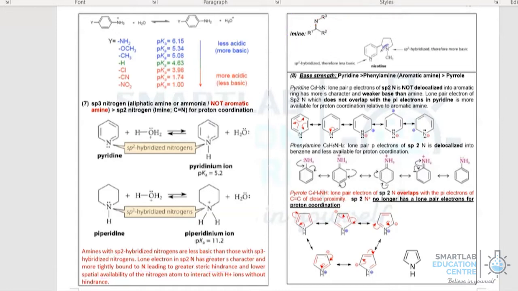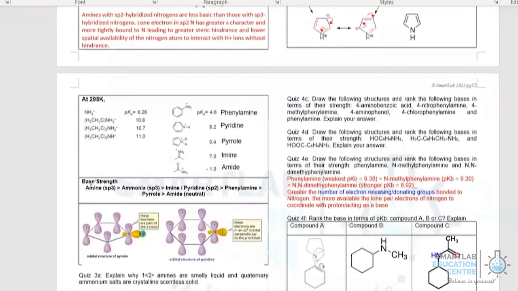A good example: if you compare this nitrogen and this nitrogen here, we can safely say that this nitrogen is a stronger base, primarily because it's an sp3 nitrogen, while this nitrogen here is sp2. With that, we can say that amine is a stronger base than ammonia, and ammonia is a stronger base than imine or pyridine. And remember, pyridine's nitrogen is also sp2 hybridized.